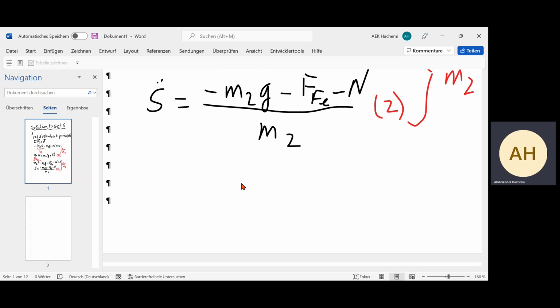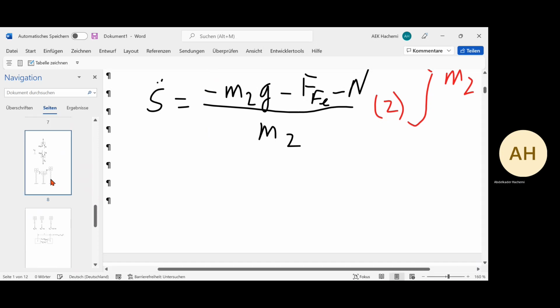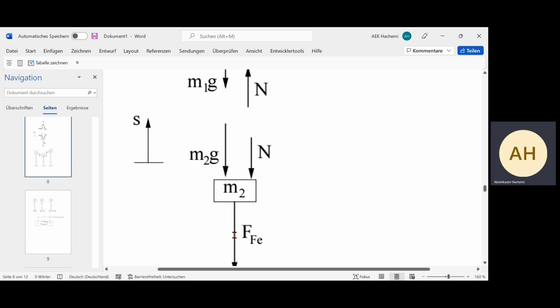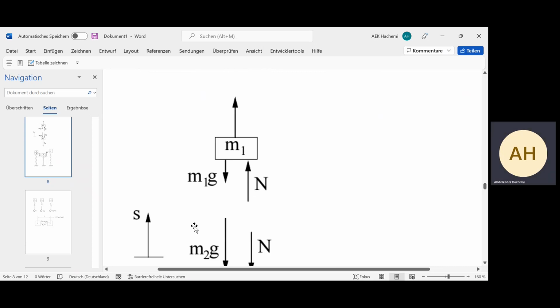Now, if we apply Newton, we have the weight M1 g, the contact force N between the two masses, the weight M2 g for the mass M2, and the spring force FA.